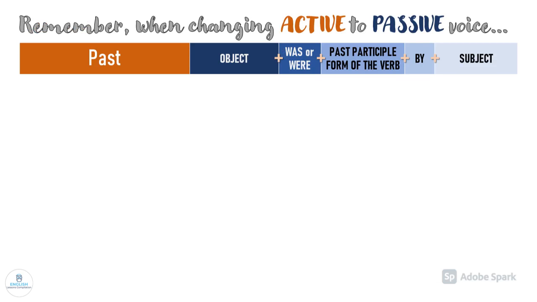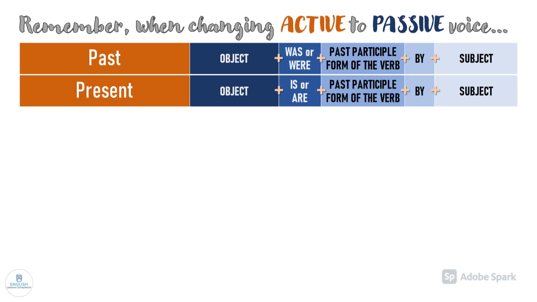Remember also that when changing active to passive voice with a past tense of the verb in the sentence, object plus was or were plus past participle form of the verb plus the word by plus the subject is the pattern that we can follow. When the tense of the verb in the sentence is simple present, simply write the object plus is or are followed by the past participle form of the verb plus the word by, and the last is the subject.